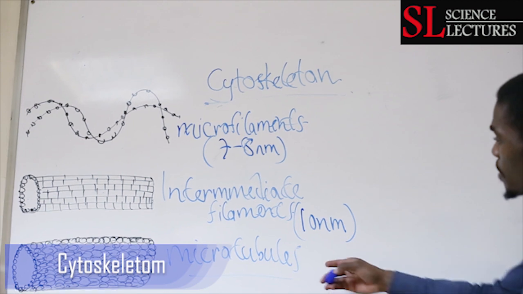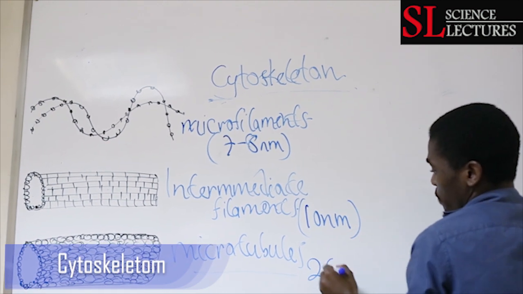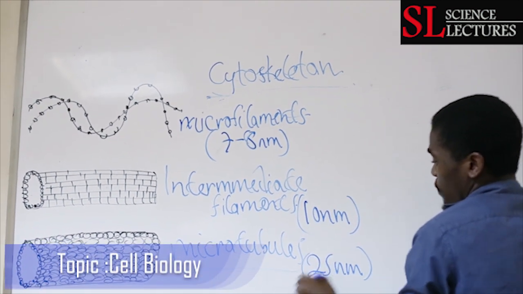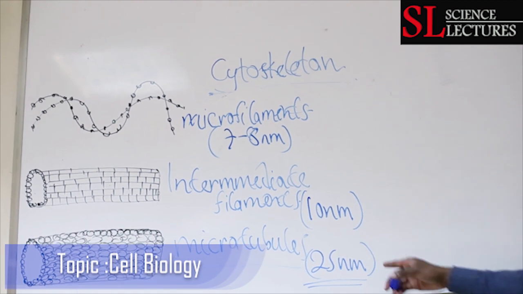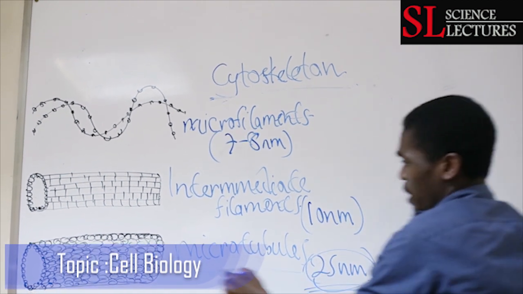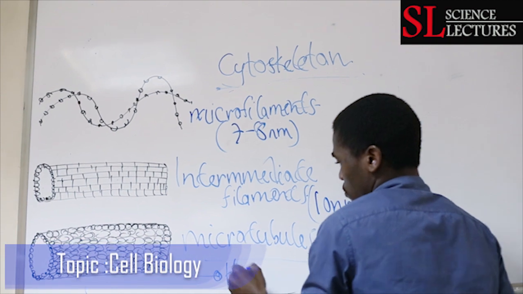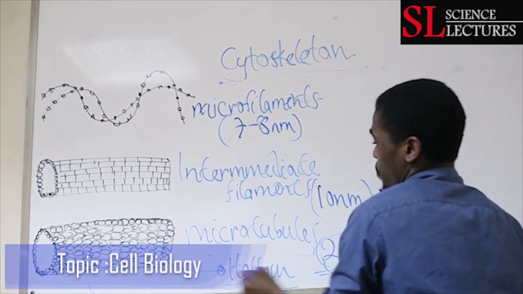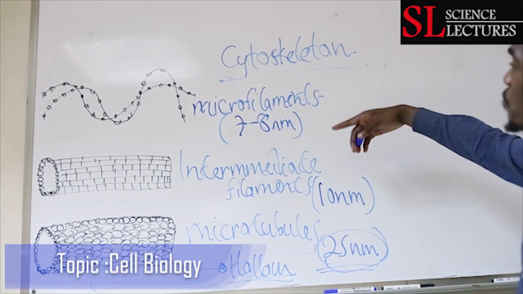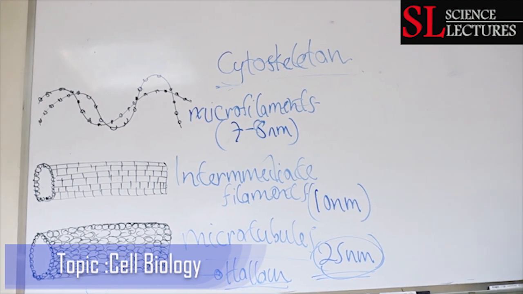Then the microtubules, about 25 nanometers. So these have the widest diameter, and they are kind of hollow as compared to the other two divisions of the cytoskeleton.